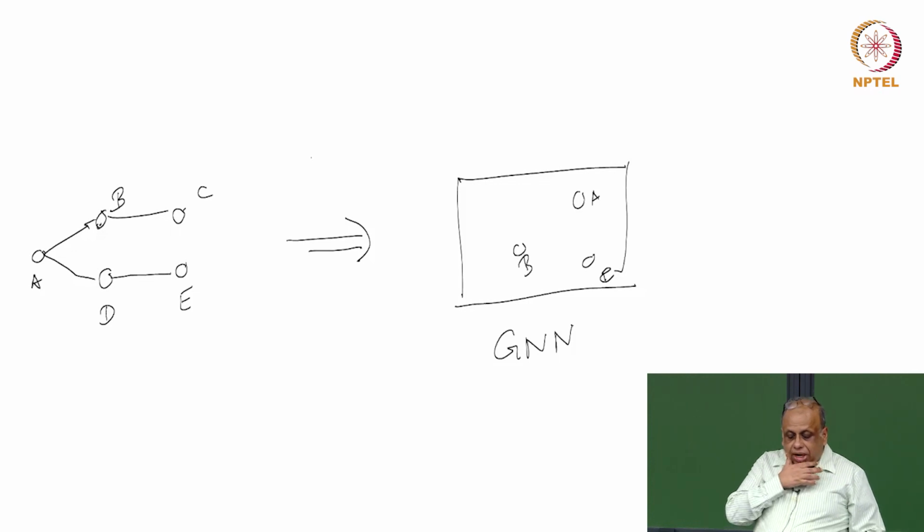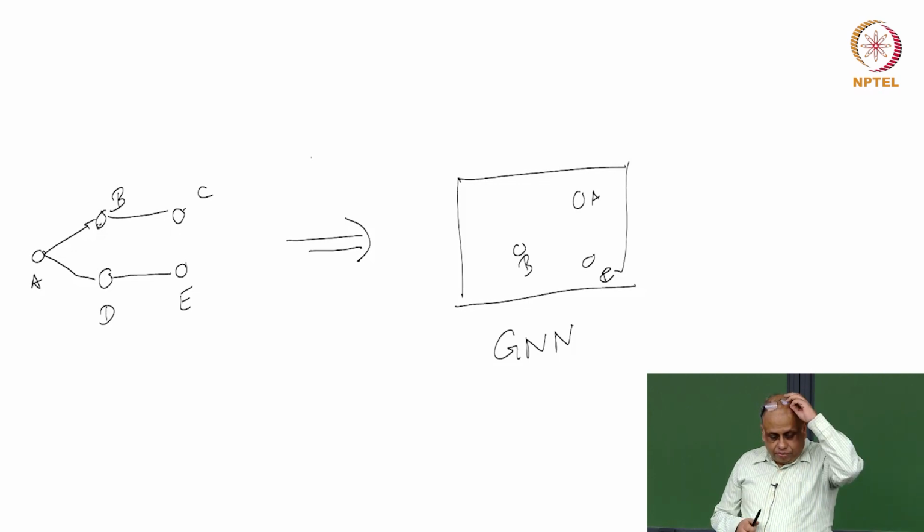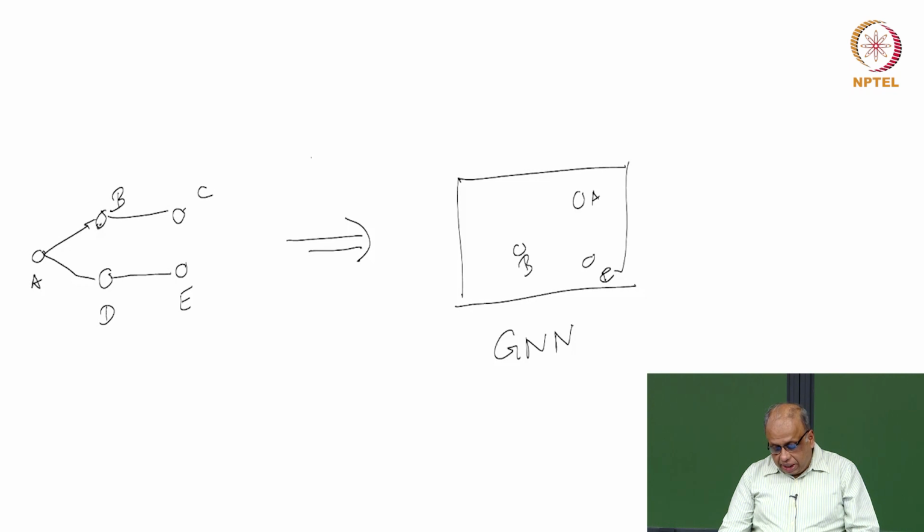So what people have done is utilize this graph neural network to come up with visualization. They try to copy the graph into the GNN's space and then utilize that for visualization.